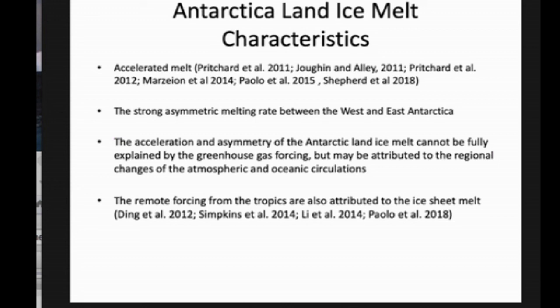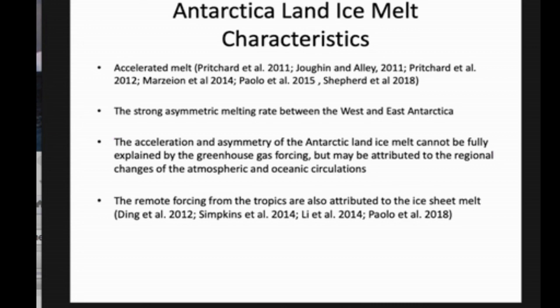And also strongly asymmetric melt, as we just showed, with different melt rates in Western and Eastern Antarctica. The accelerated and asymmetric Antarctic land ice melt cannot be fully explained by greenhouse gas forcing. If you put that into a climate model, you might not get those, and it may be attributed to regional change in atmosphere and in ocean.